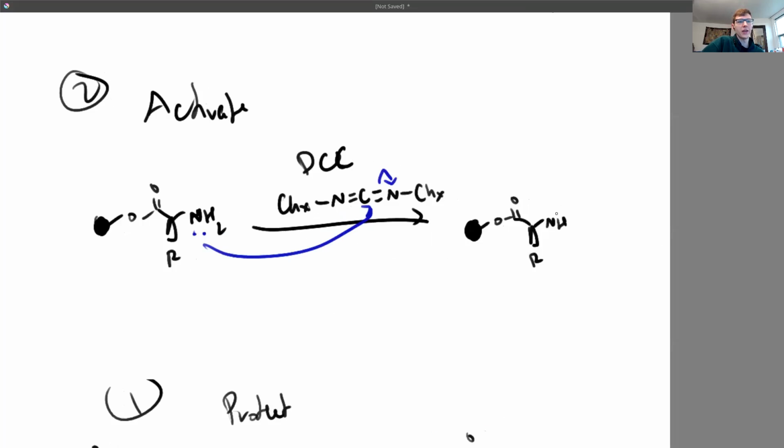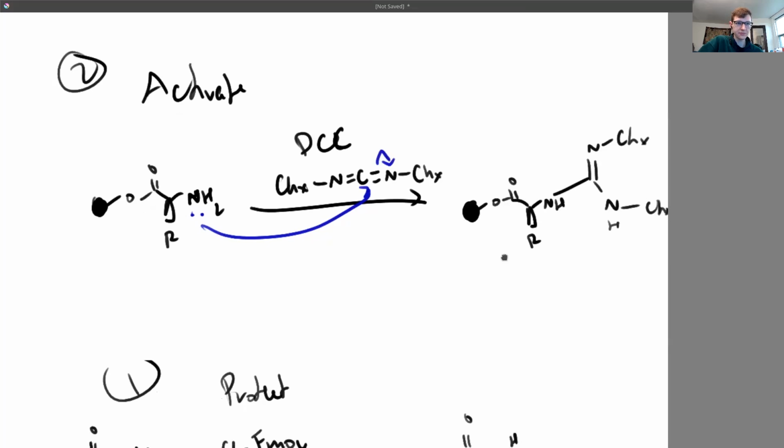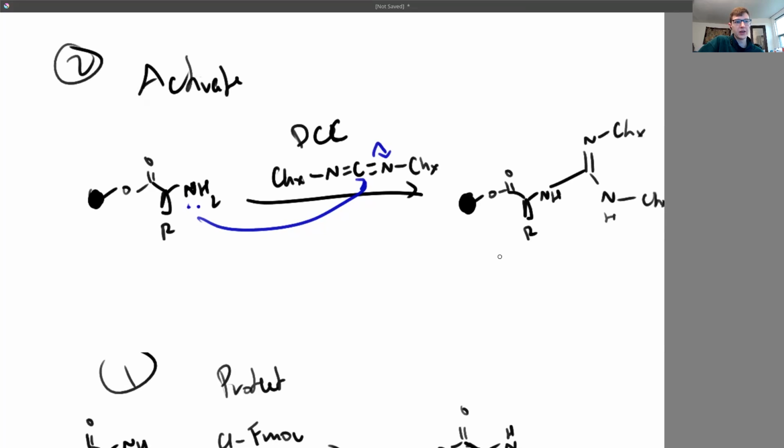So we have this, and then there's the carbon, there's the N-cyclohexyl, and an NH-cyclohexyl.